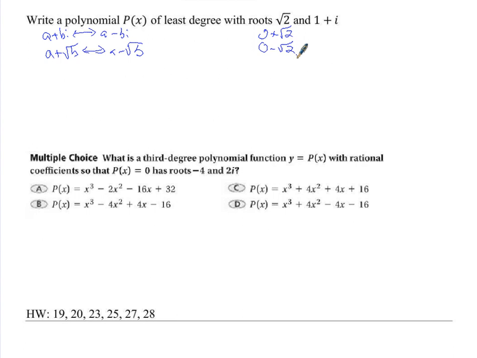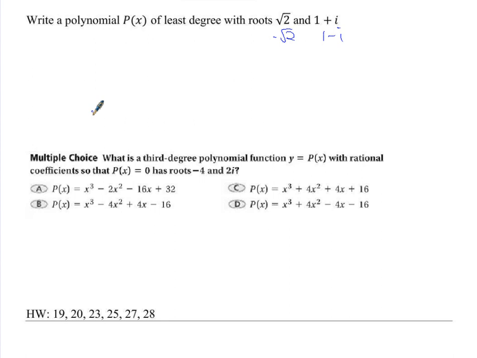I just need to know that the square root of 2 has a pair of negative square root 2. 1 plus i has another root of 1 minus i. So let me get rid of that, and I'll rewrite this as negative square root 2 and 1 minus i. There's my 4 roots. What degree polynomial do I need? I need a 4th degree polynomial. So I need to write all that out first.